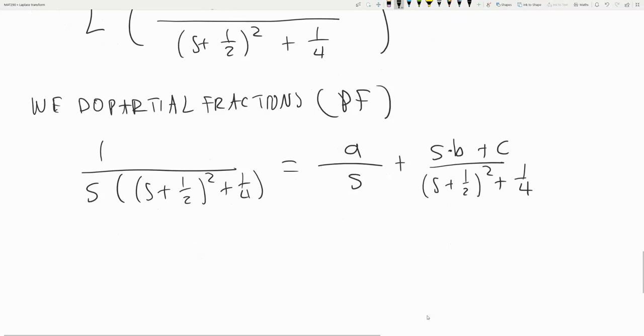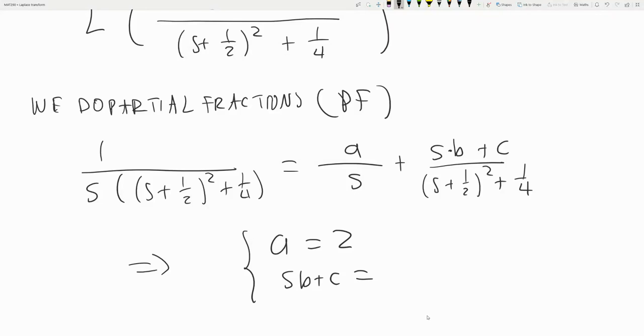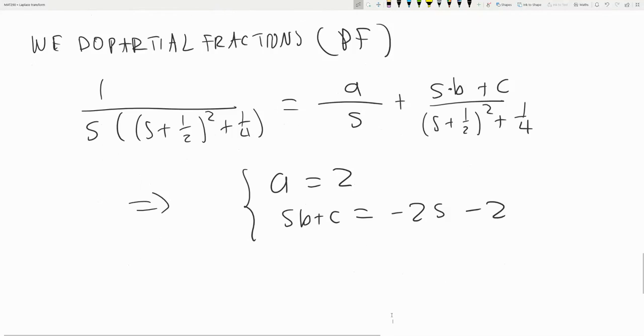So if you do the calculations, you will get a is equal to 2, and then bs plus c is equal to minus 2s minus 2.